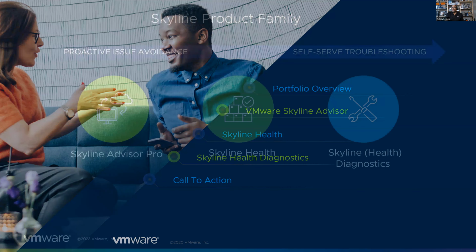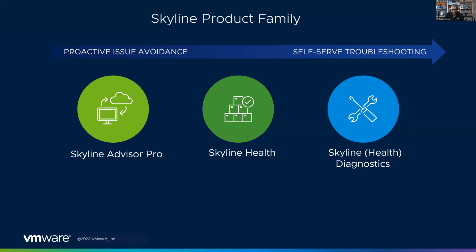And so, like I said, right, our hero product, Skyline Advisor Pro, is part of a larger product family that spans proactive issue avoidance all the way to the other end of that support spectrum, right? Our self-service troubleshooting. And so we're going to talk about how all three of our product solutions sit within that support spectrum, right? Again, that spans all the way from one side of proactive support all the way to that opposite side of reactive support.